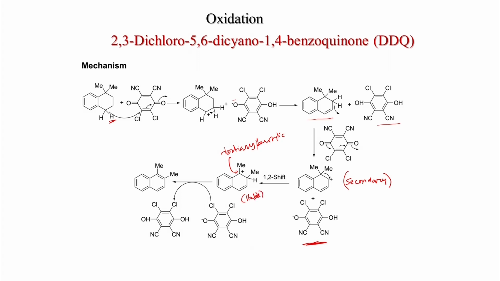So, this 1,2 methyl migration is very facile. You get this carbocation and then this O minus will take up this H plus and you get the olefin, ultimately you get the aromatic compound and your DDQ becomes this dihydroquinone.